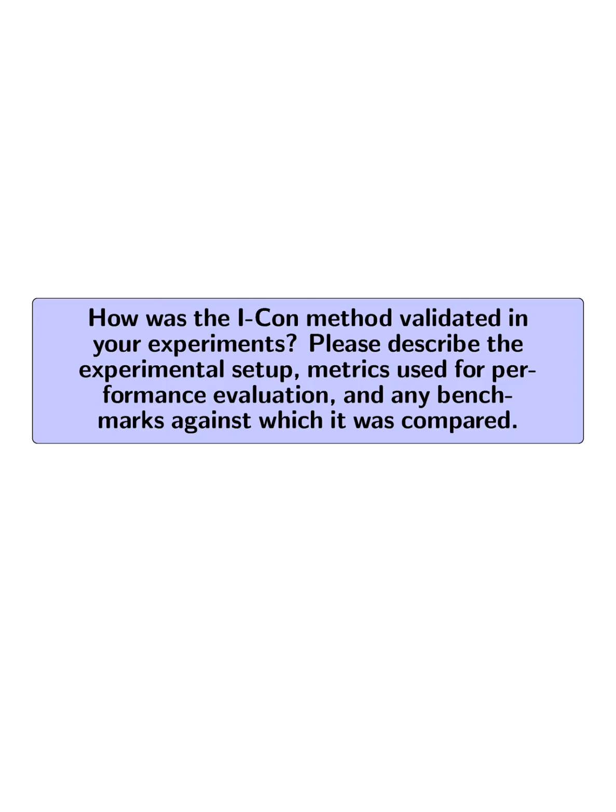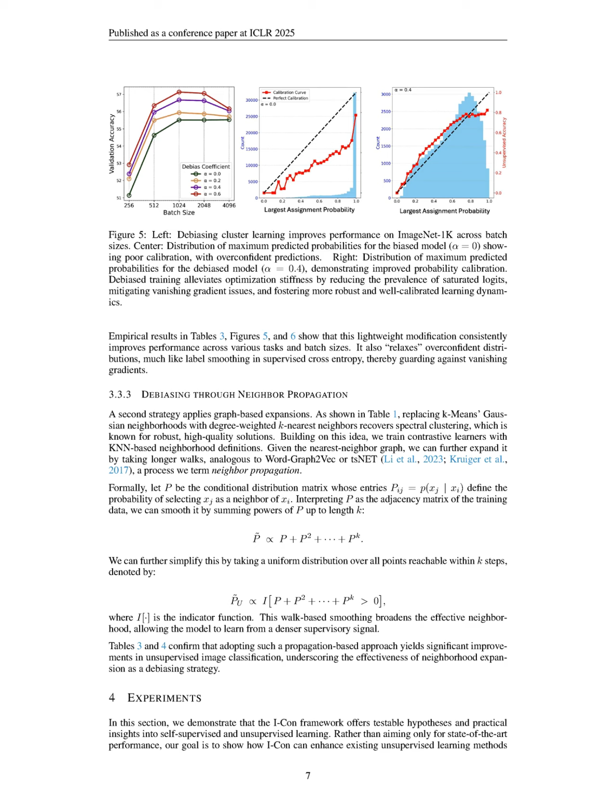How was the ICON method validated in your experiments? Please describe the experimental setup, metrics used for performance evaluation, and any benchmarks against which it was compared. The ICON method was validated through experiments on the ImageNet 1K dataset, which consists of over 1 million high-resolution images across 1,000 classes, making it a challenging benchmark for unsupervised image classification.